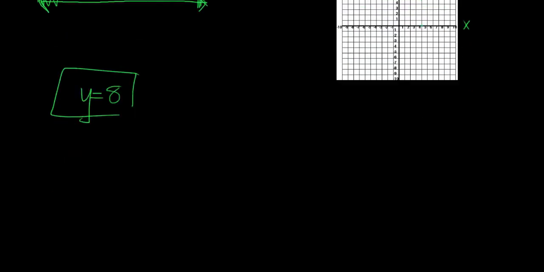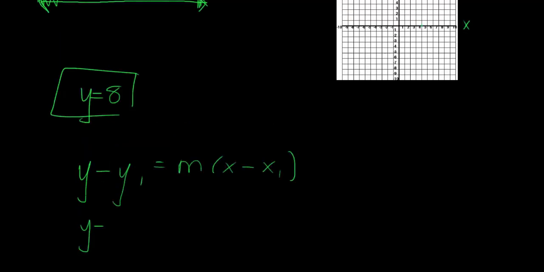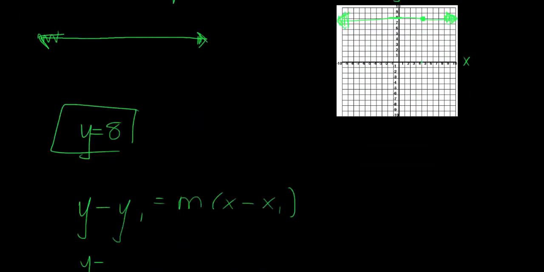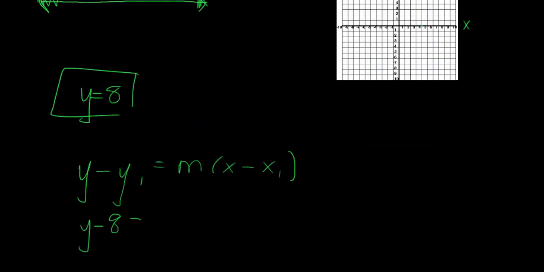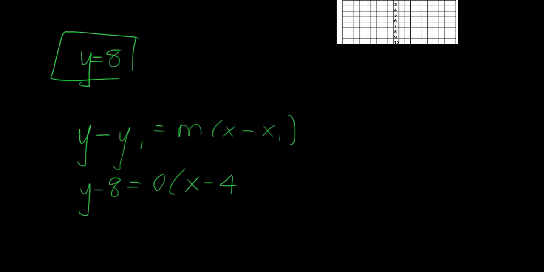Now you can always use the point-slope formula, but that's a little bit longer of a method. y minus our y value of 8 equals 0 times x minus the x value of 4.